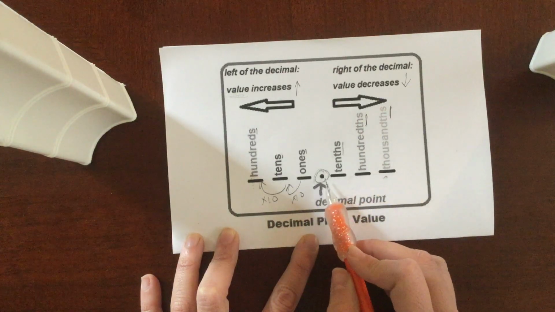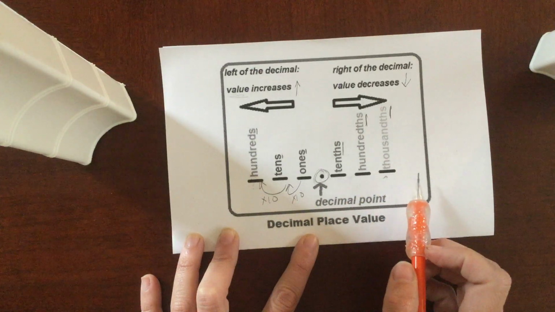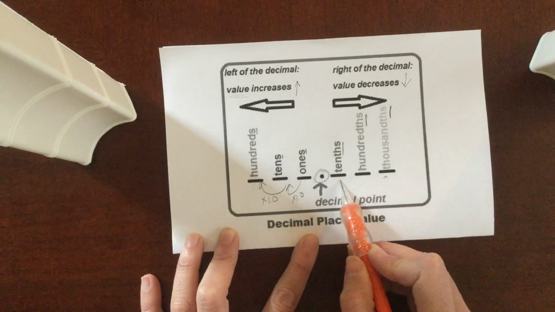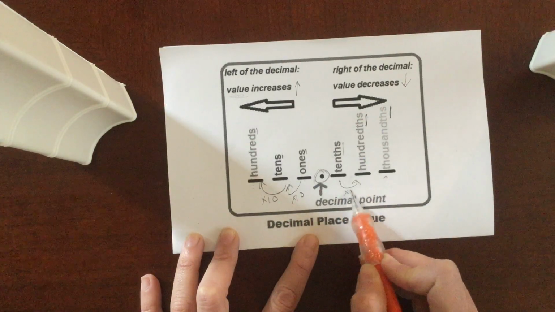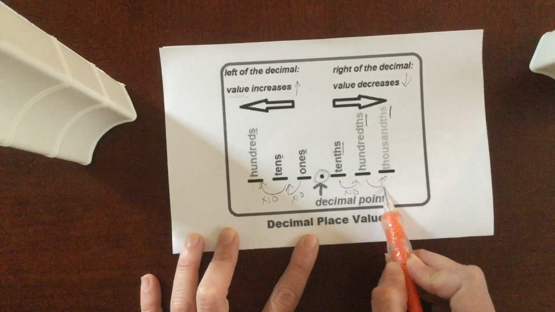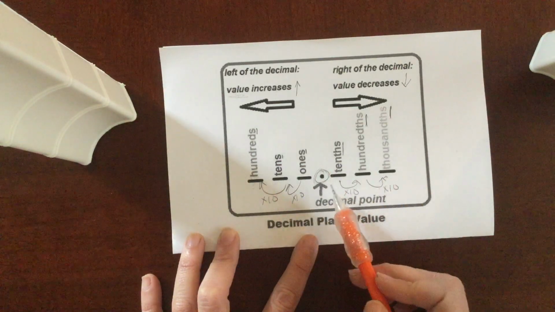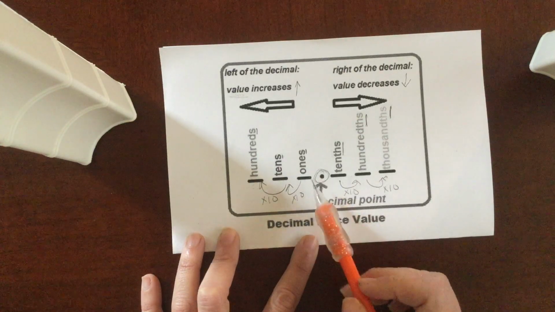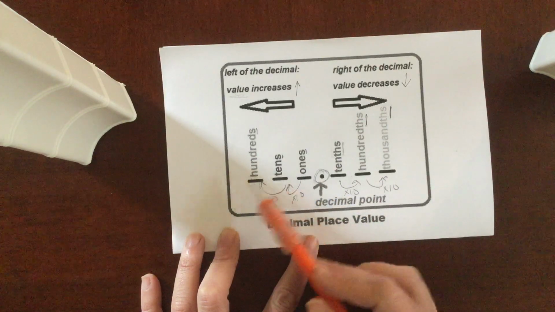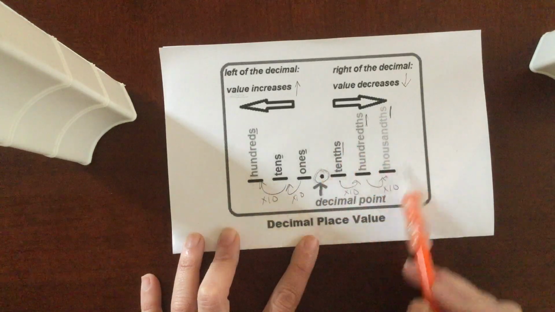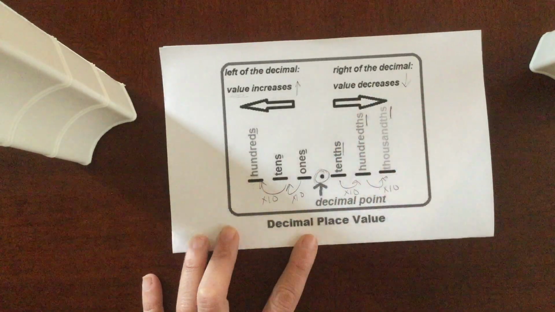Everything to the right is smaller. It's decreasing by 10. So keep that in mind. This is a new place value chart with the decimal involved. Everything to the left is what we know, and we are now being introduced to the right side of the decimal.